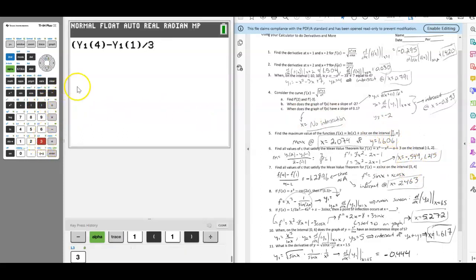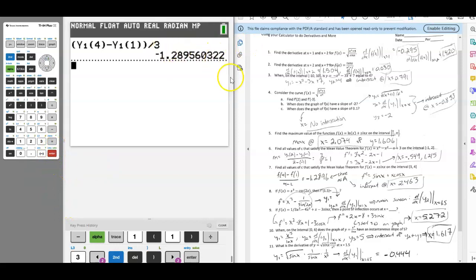It's 3. But you see what I did there wrong? I forgot my parenthesis. Always double check what you're putting in. So I'm going to go second insert, slide that parenthesis in there, and then get out of there. All right, so boom, now I can hit enter, and I get this number right here.